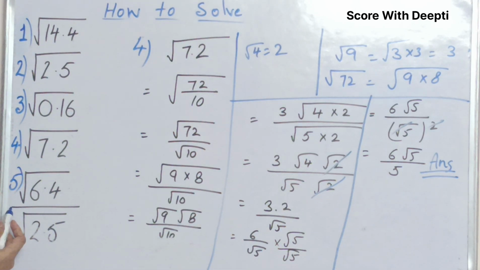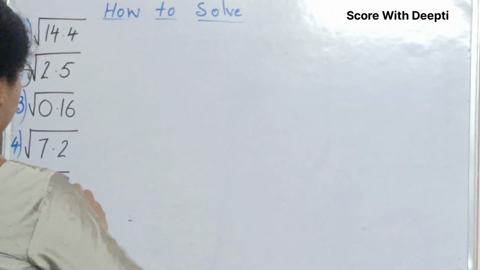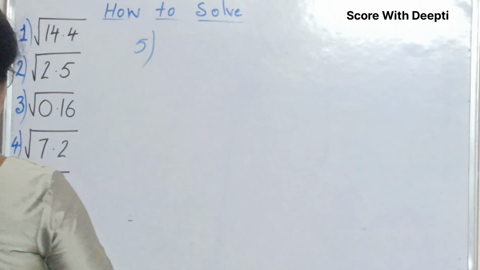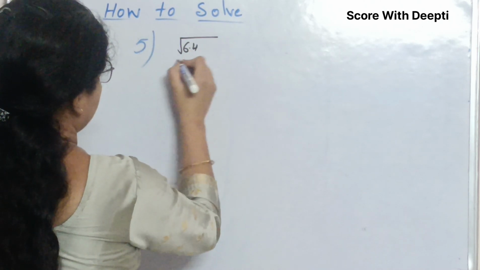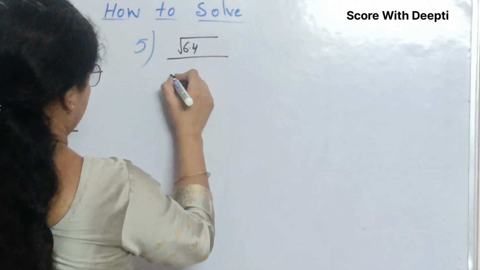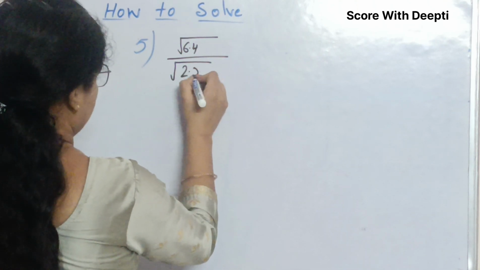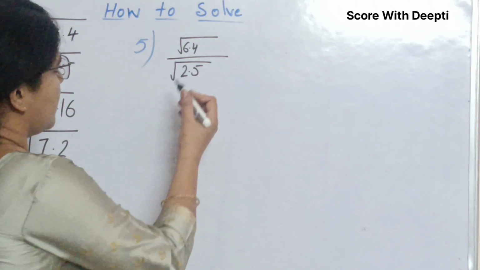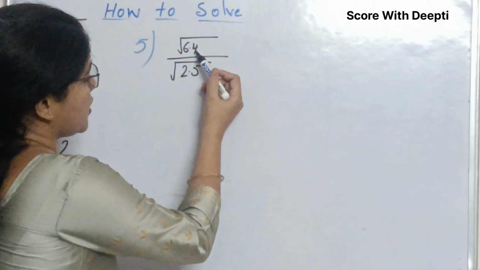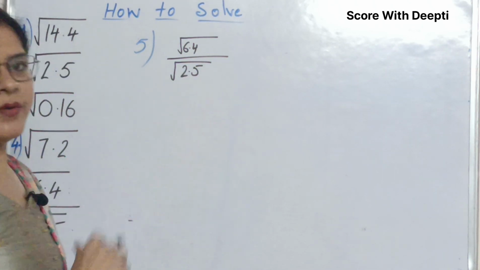Next, question number 5. There is square root in numerator and in denominator.